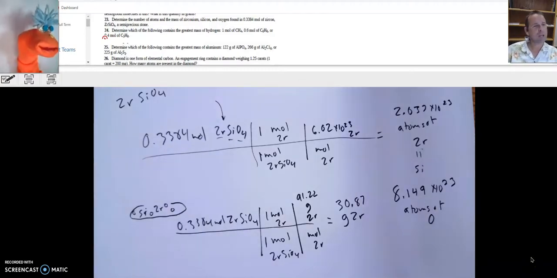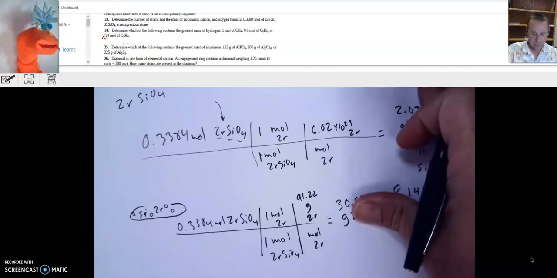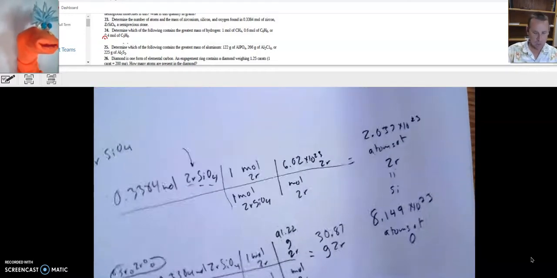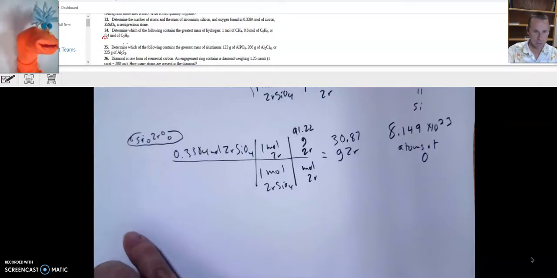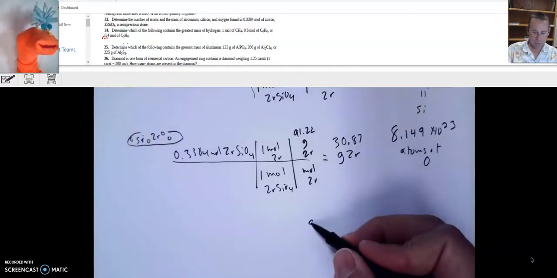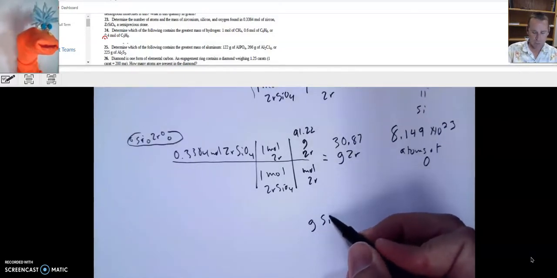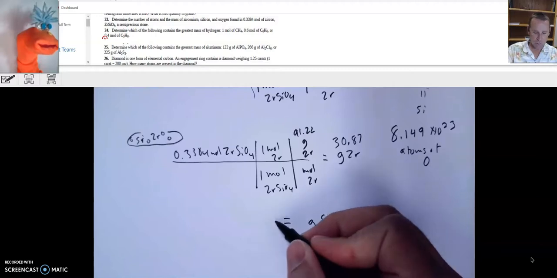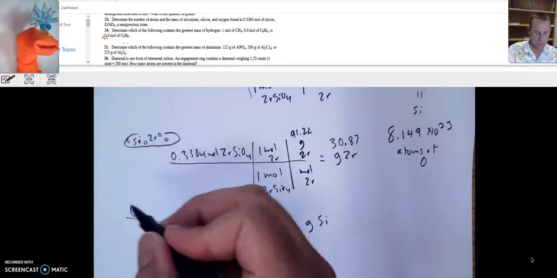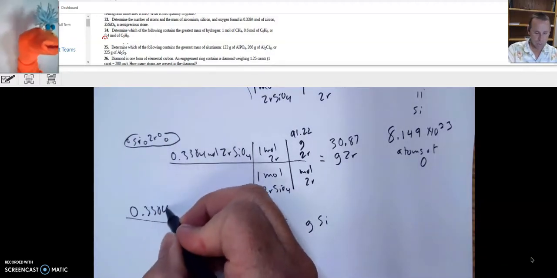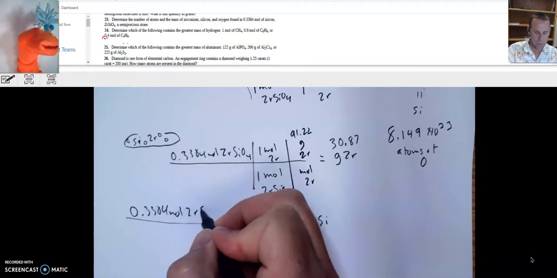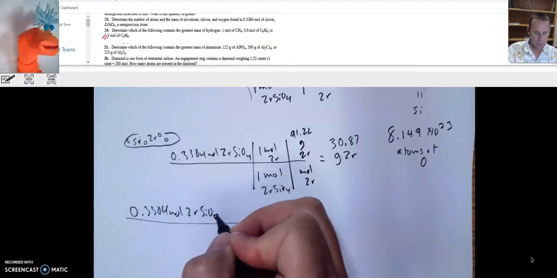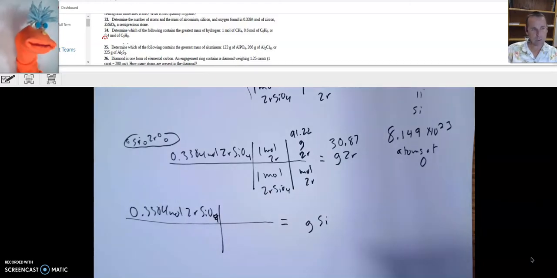If I wanted to get grams of silicon, I would do the same thing. Let's get this piece of paper moved up out of the way a little bit, give us a little more space. If I want grams of silicon, starting with, again, 0.3384 moles of zirconium silicate, ZrSiO4, what would I go to there?